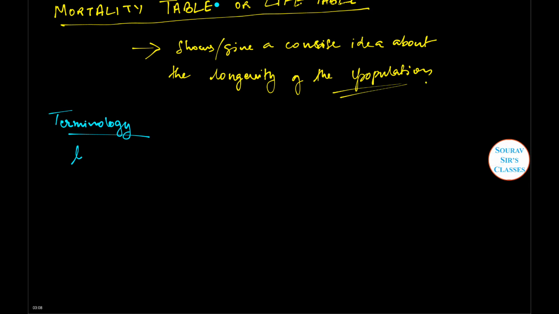Now the first term is Lx. It is the number of persons living at any specific age x in any year out of the assumed number of births, say L0, usually called the radix of the life table.